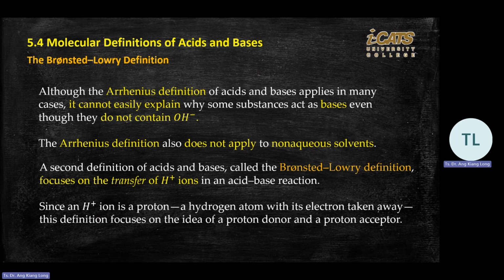So I'm looking for the donor and acceptor if the question asks you for the BL definition. Arrhenius only looks at H plus and OH ion, and it only applies for AQ solution. But for BL, you look at the transfer of ion, H plus for acid, OH for alkali, and you need to tell me who is the donor and who is the acceptor.